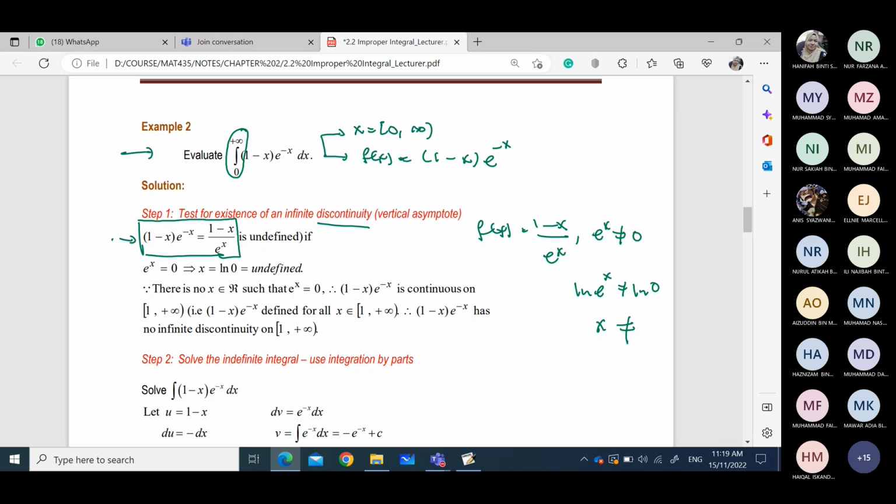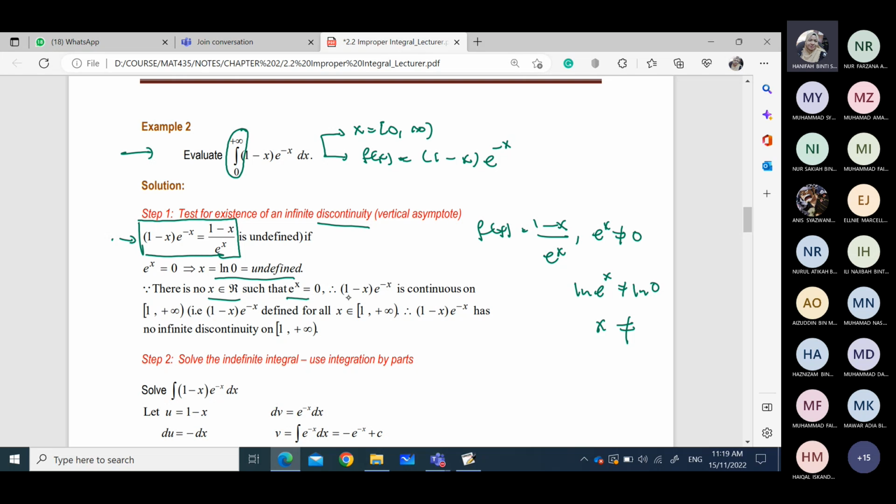Ln 0. Berapa? Undefined, error. Okay, so it is undefined. So there is no x element of real number such that exponent of x equal to 0.